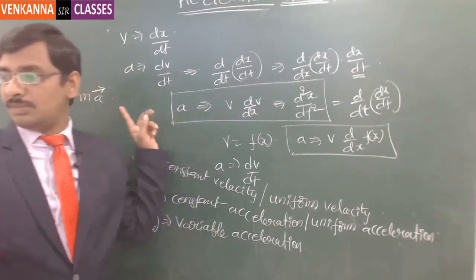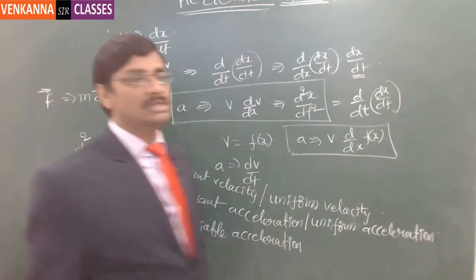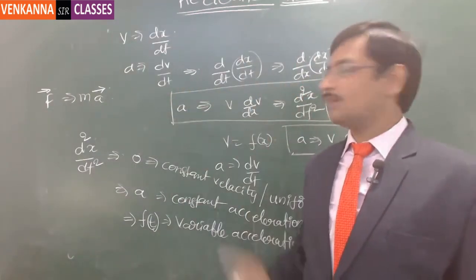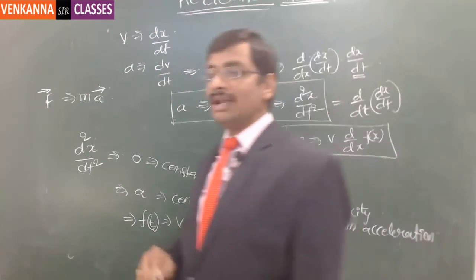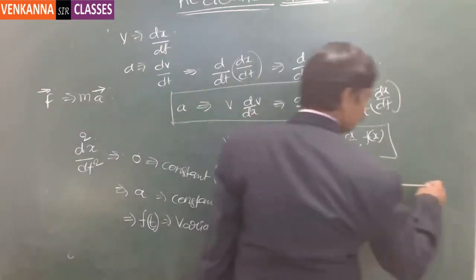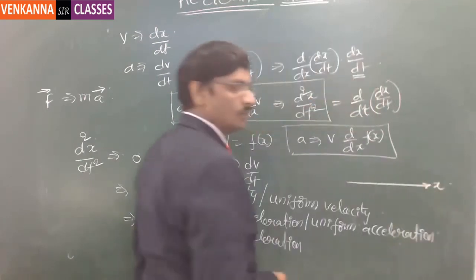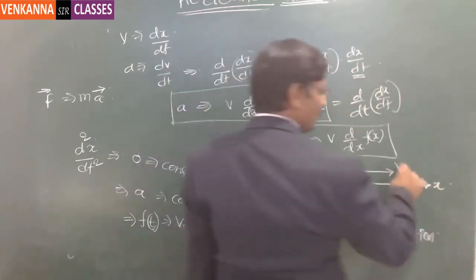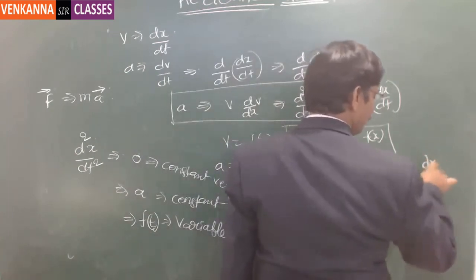So this may be a function of time also, and this is a three-dimensional vector also. Now we are treating this as a single-dimensional vector, because we are treating only rectilinear motion. In rectilinear motion, this is the x direction. If the particle is moving in the positive direction of x, the velocity is treated as dx by dt.